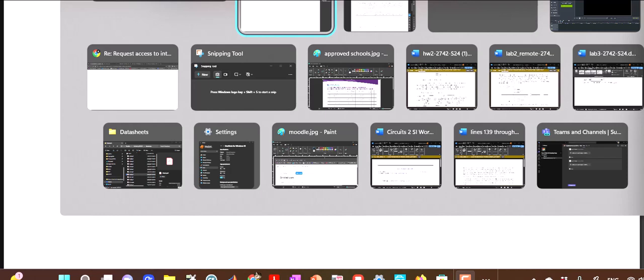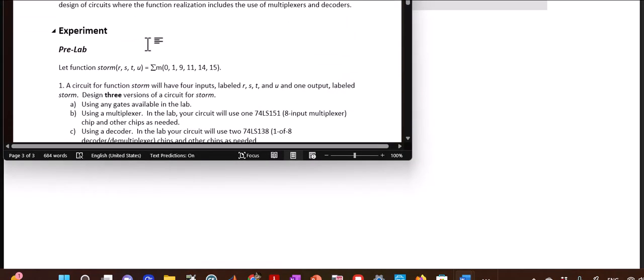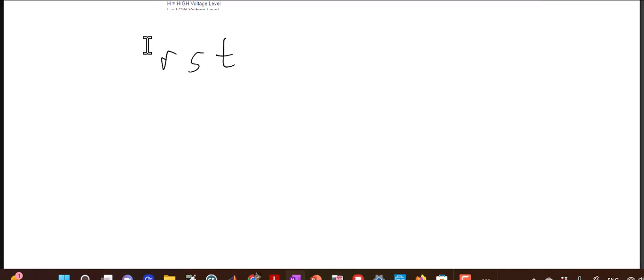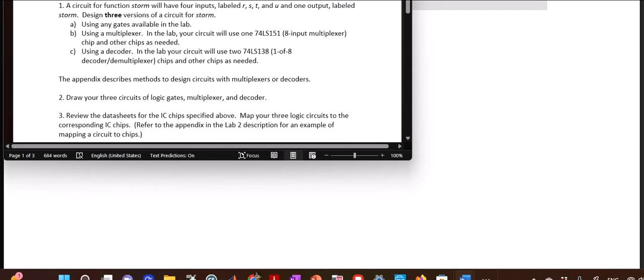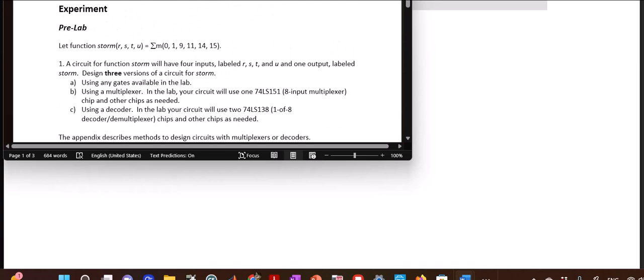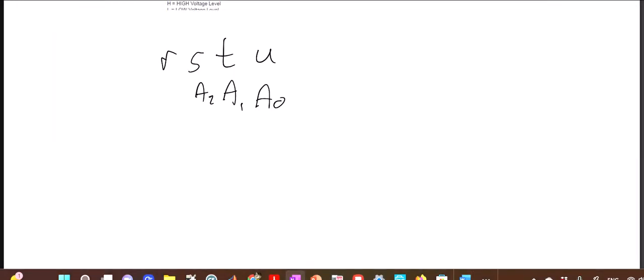I actually have 4 inputs: R, S, T, and U. I believe that would be A0, A1, A2 based on your instructions, and this would be A3.